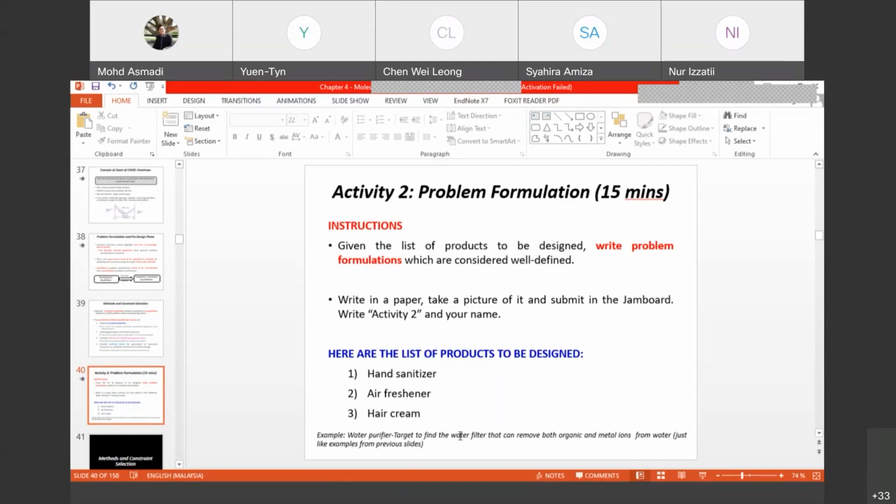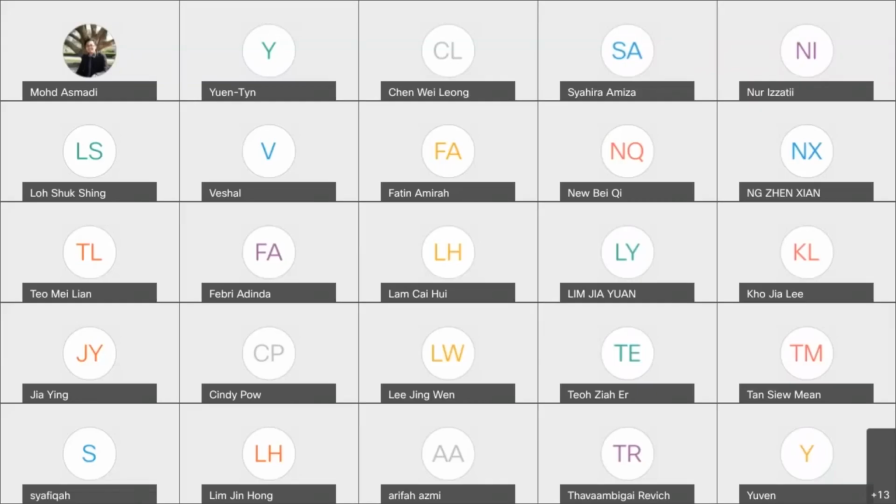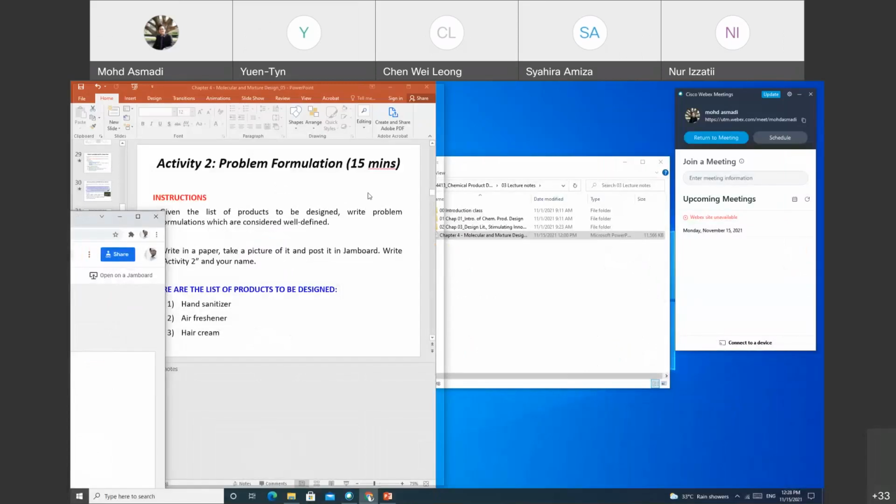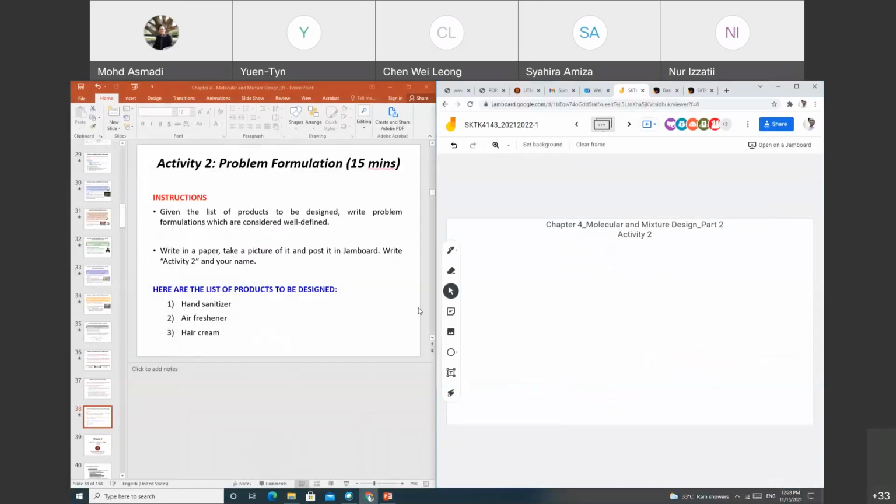The target is to find the water filter that can remove both organic and metal ion from water. This is just an example like the previous one. For the problem formulation, what are the constraints? You can also add the constraint. I give you 5 to 10 minutes. So paste in the Jamboard.